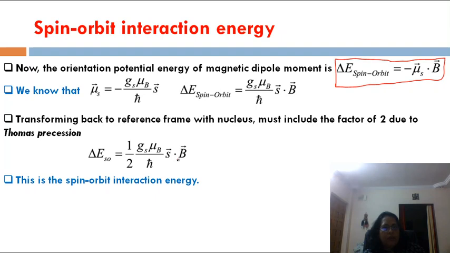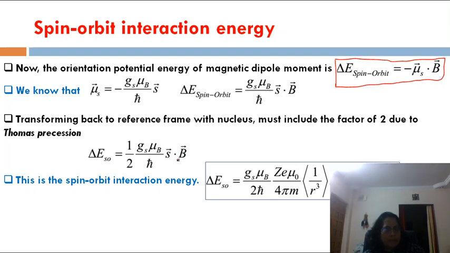And this is the spin orbit interaction energy, where after substituting B there, we will get this value, S dot L, because in B there is an L.